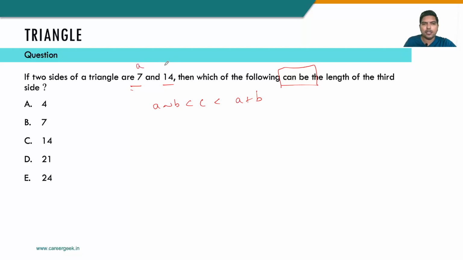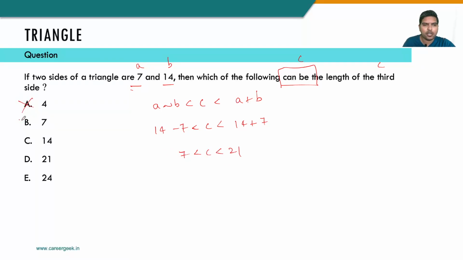So let's say these are A and B and third side is C. So the difference and the sum of 14 and 7. The difference is 7 and the sum is 21. So C has to be greater than 7.